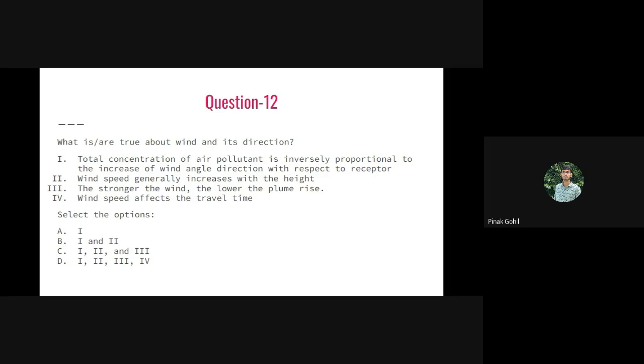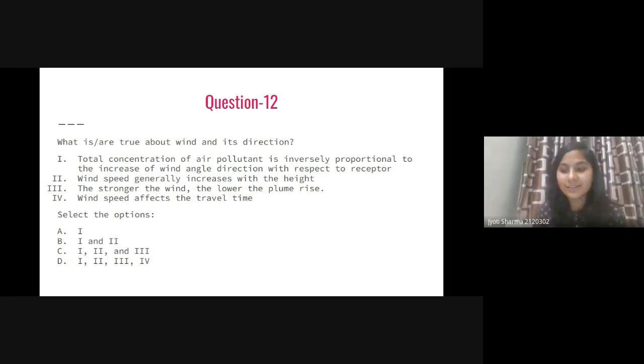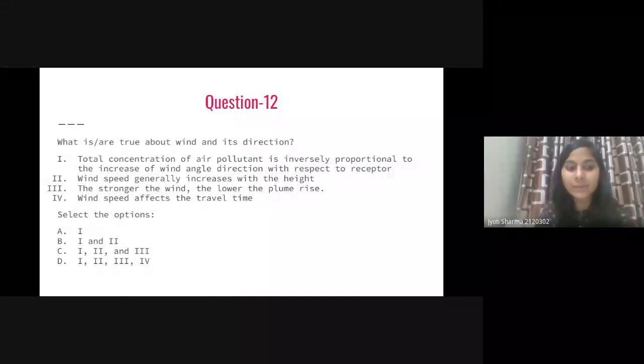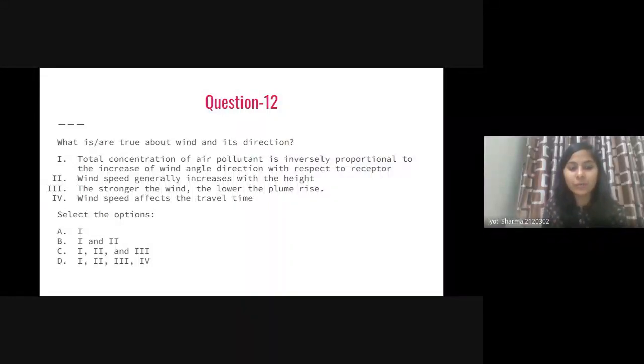If your wind speed is higher, then it will take very less time to reach the receptor. So the fourth is also correct. And if you are talking about the first, total concentration of air pollutant is inversely proportional to the increase of wind angle direction with respect to receptor, this is also true.